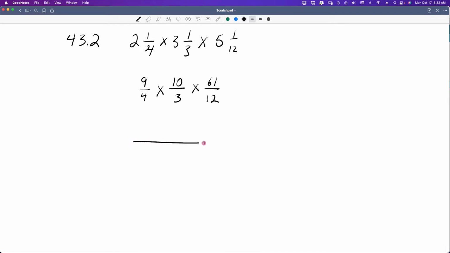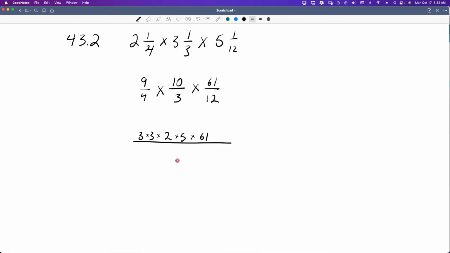Now we're going to factor everything to see what we can cancel. 9 is 3 times 3 times 10, which is 2 times 5 times 61 is a prime number.